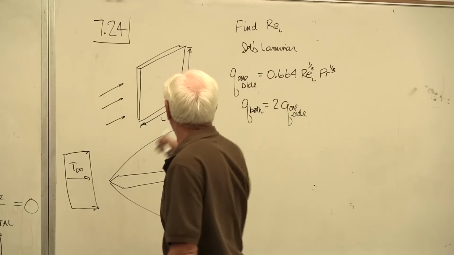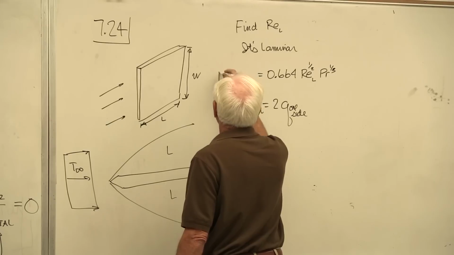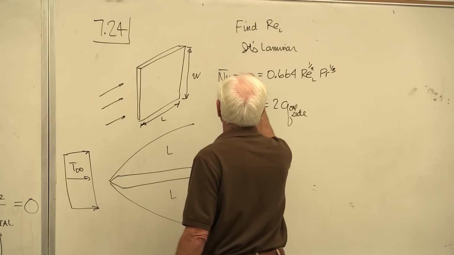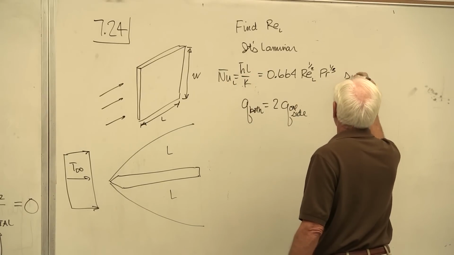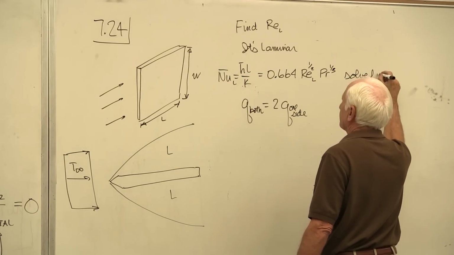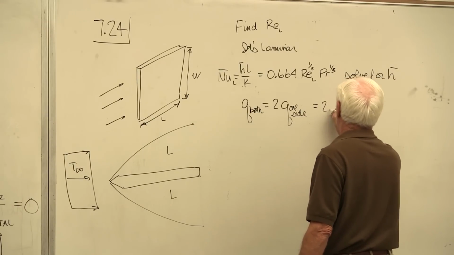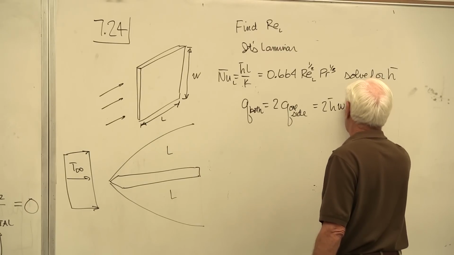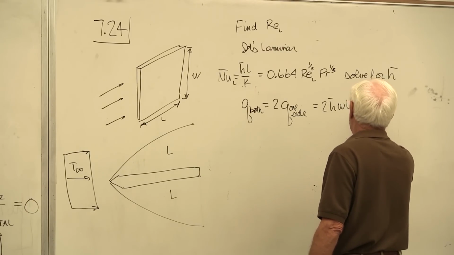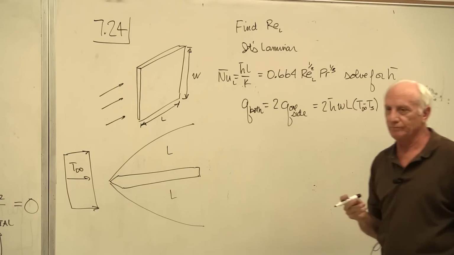So let's put Nusselt up there. Thanks. And so this is 2 times h bar times the area, which is W times L, times T infinity minus T surface. Right. Thanks.